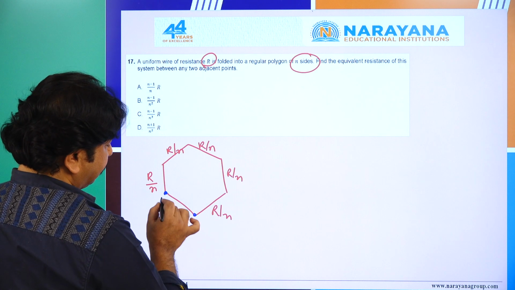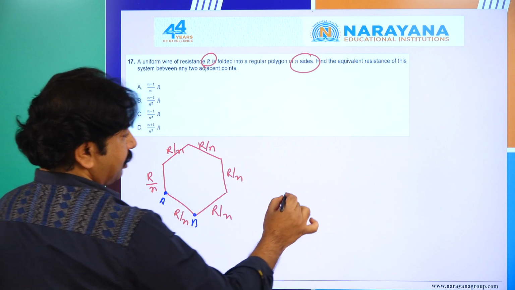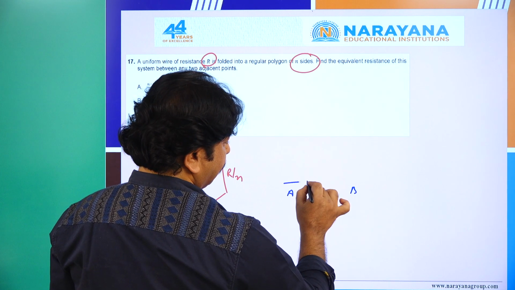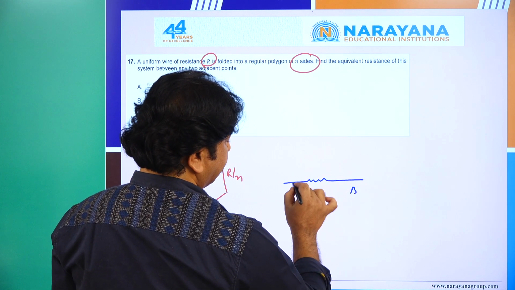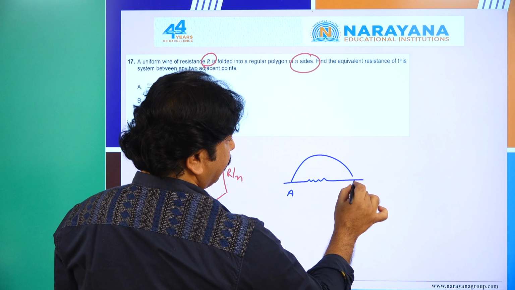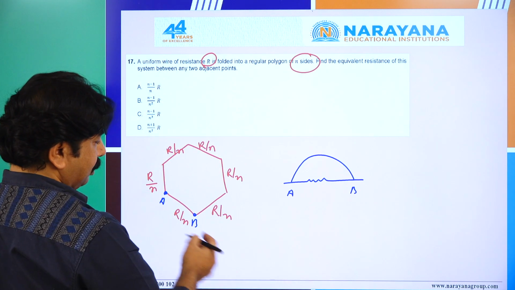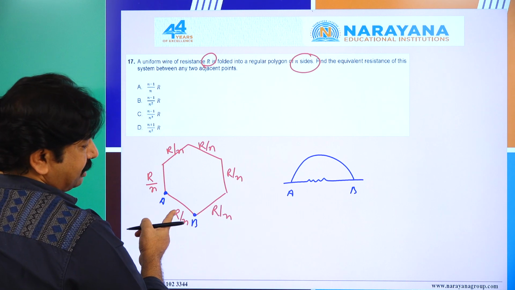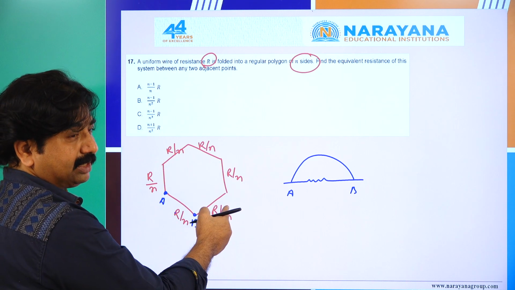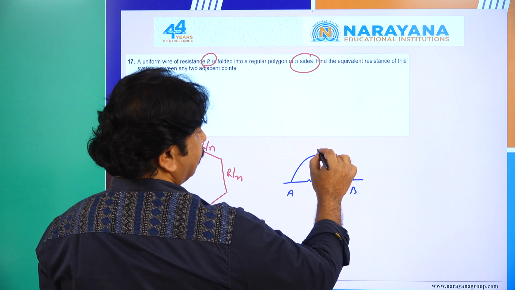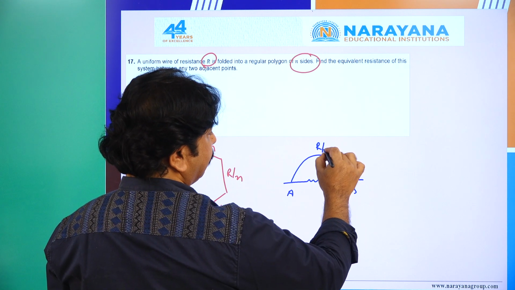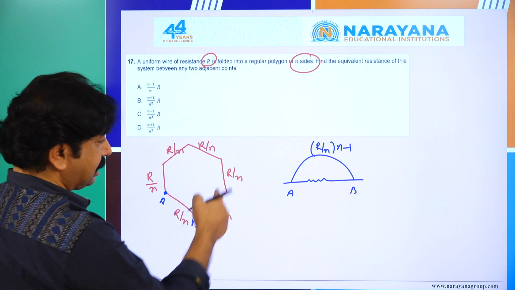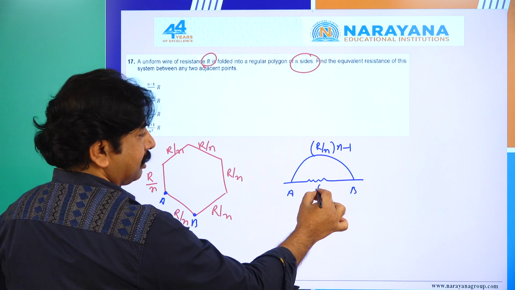For example, this is A and this is B. This is point A, this is point B. This is one resistance in this direction. The remaining sides are n minus 1 sides. So the resistance of the remaining sides is R by n into n minus 1, which is nothing but R by n only.